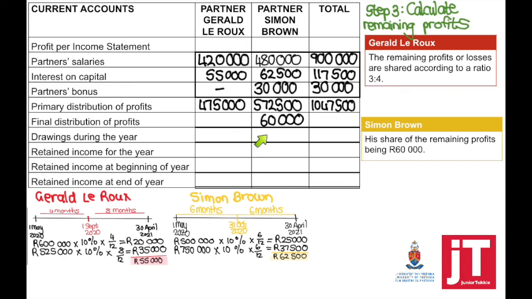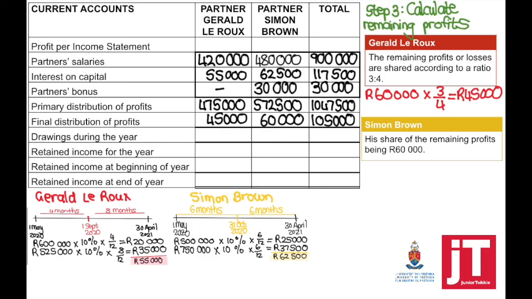So if his remaining profit is 60,000, I can calculate Gerald, what is he entitled to with regards to final distributions of profits? We're going to take 60,000 times 3 divided by 4. That equals 45,000. So the total final distribution of profits is 45,000 plus 60,000.